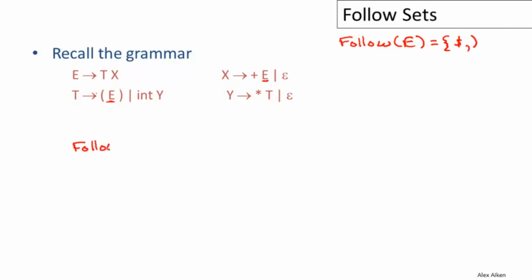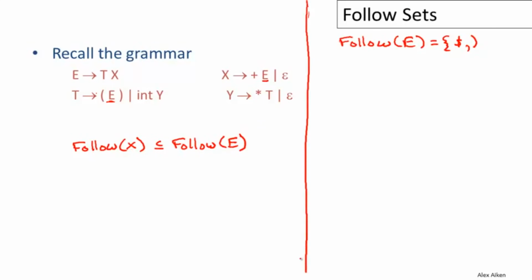This is just a property of the relationship that the follow sets will have when we're done computing them. This doesn't immediately tell us anything new that's in the follow of E, but as we go along and learn about things that are in the follow of X, we'll have to add them to the follow of E. Let me just divide up the slide here. We'll put our properties about the relationships between follow sets on the left-hand side, and we'll put the actual follow sets on the right-hand side.